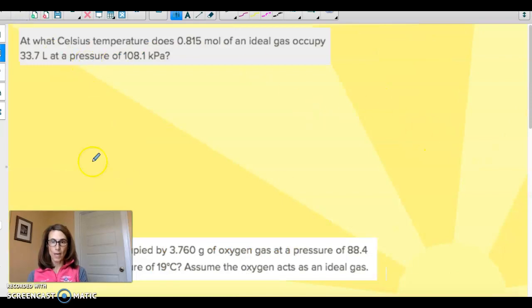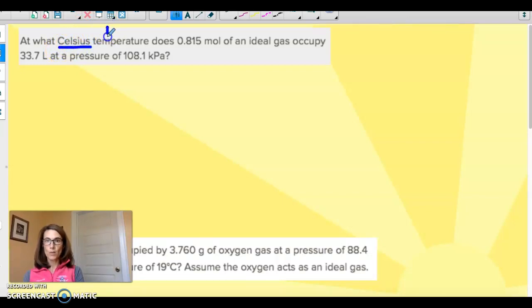Okay, so let's look at what a few example problems might look like. At what Celsius temperature, so we're solving for T, does 0.815 moles of an ideal gas occupy 33.7 liters, right? So this is n, this is our V, and a pressure of 108.1 kilopascals.